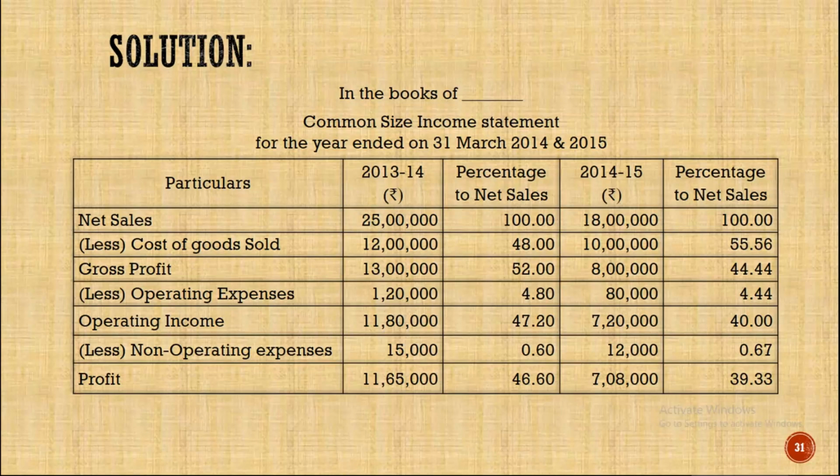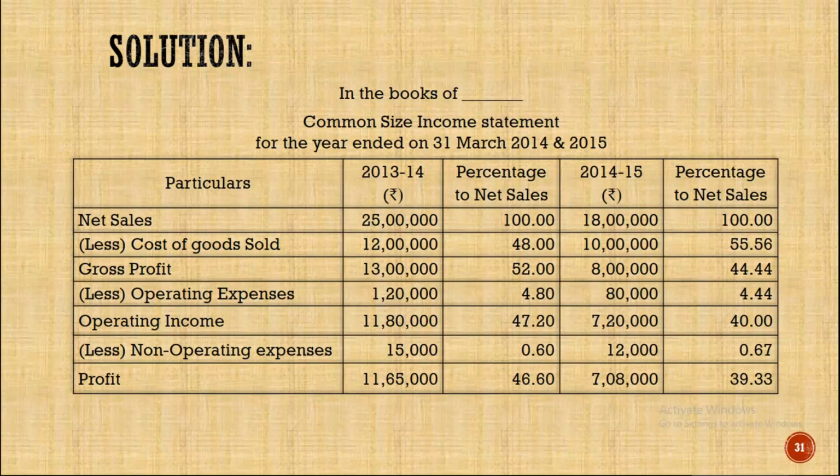And in case of balance sheet, the total capital employed or total asset amount becomes the base for calculation. Okay, so now first we will see income statement. Here it is visible that net sales amount is written as 100 in the percentage to net sales column. Already on top we have written percentage to net sales.